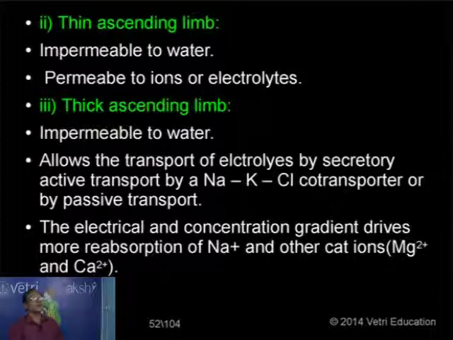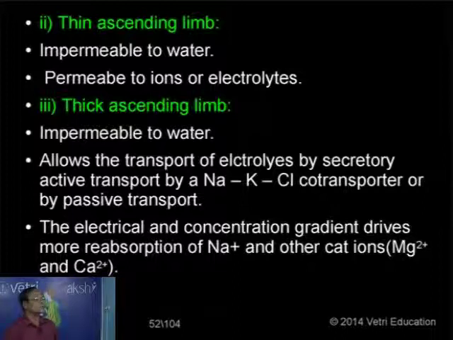Because of the electrical and concentration gradient differences, this drives more reabsorption of sodium and other cations. This region is more permeable to sodium ions and other cations, particularly calcium and magnesium. So calcium, magnesium, potassium and sodium ions are reabsorbed. These ions are allowed to leave the filtrate so that reabsorption takes place at a higher rate.